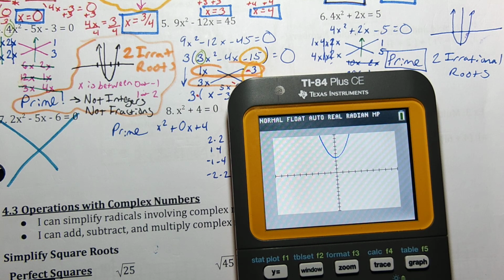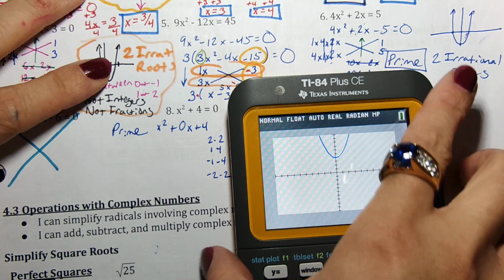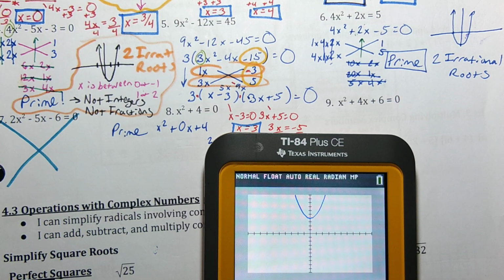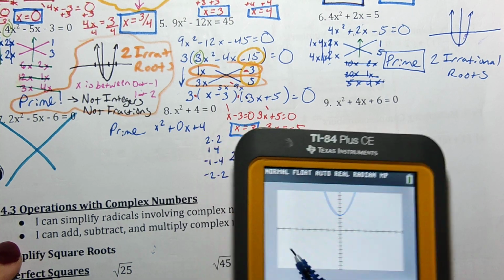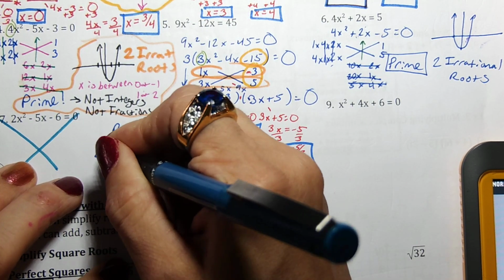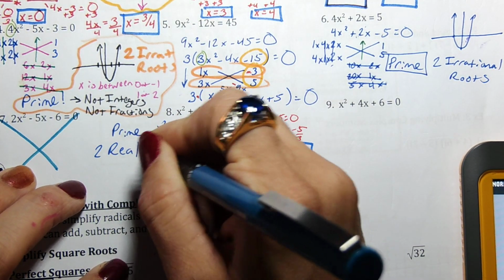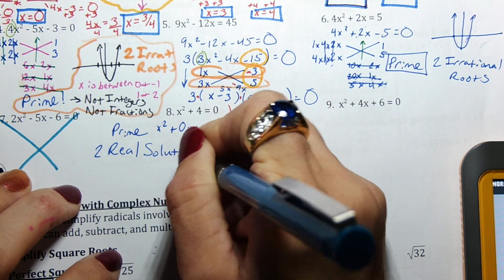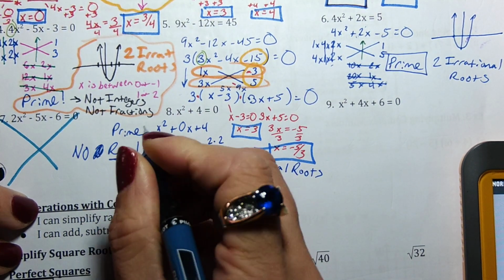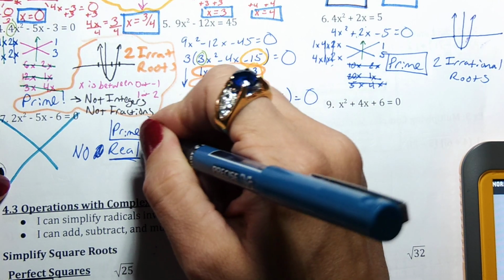So sometimes prime expressions are indicative of irrational roots, but other times, if the graph's not hitting the x-axis at all, prime means there are no real solutions. Oops, sorry, not 2. No real solutions, not 2.